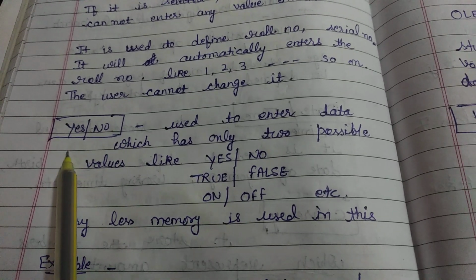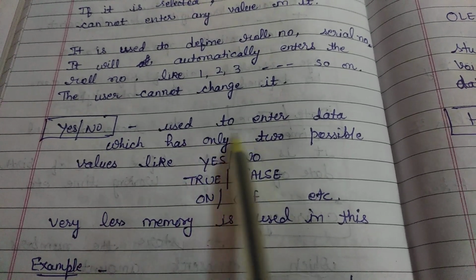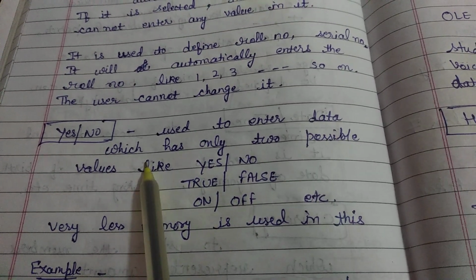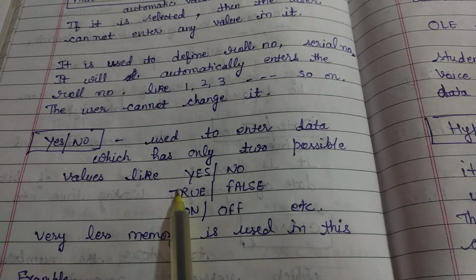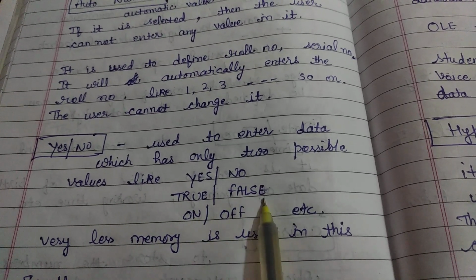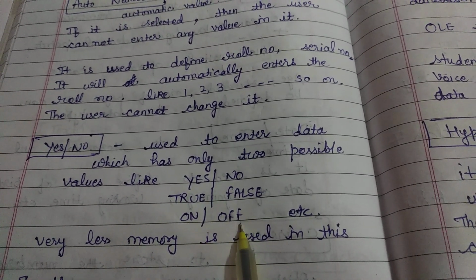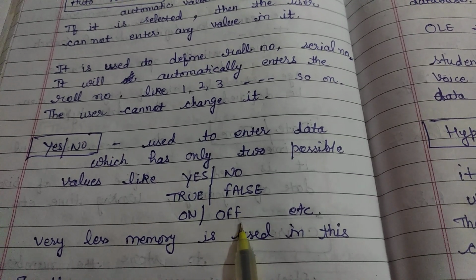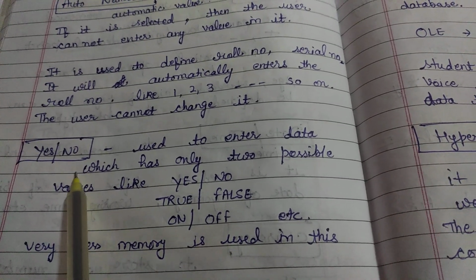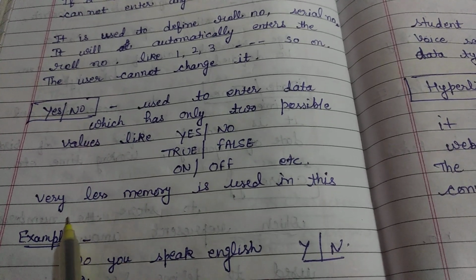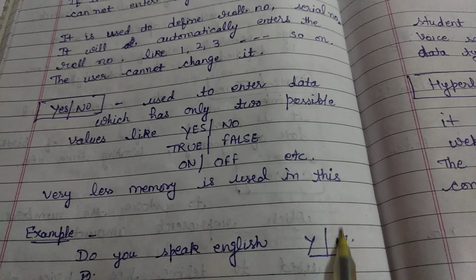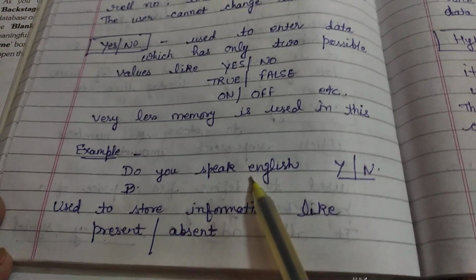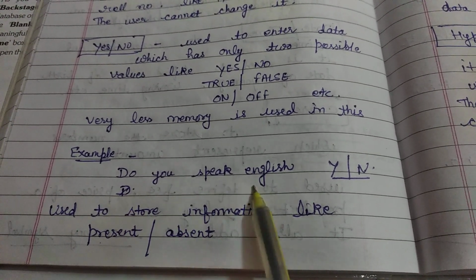Next is yes no. It is used to enter data which has only two possible values like yes no, true false, on off. Here two options are there only and you will choose this data type there. Very little memory is used in this data type. For example, the question is, do you speak English?